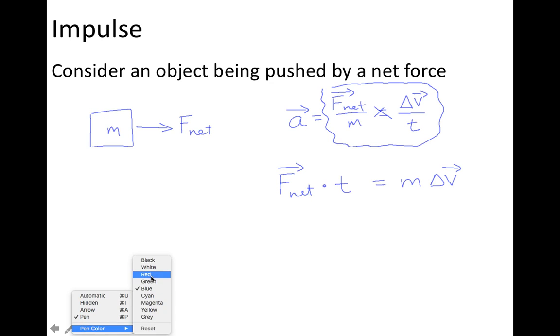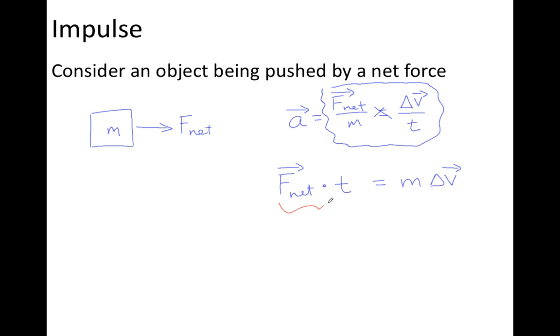On our left-hand side, this is what we refer to as an impulse. And an impulse is represented, don't ask me why we picked this letter, with a capital letter J. If there is an impulse on an object, that object is going to have a change in velocity.